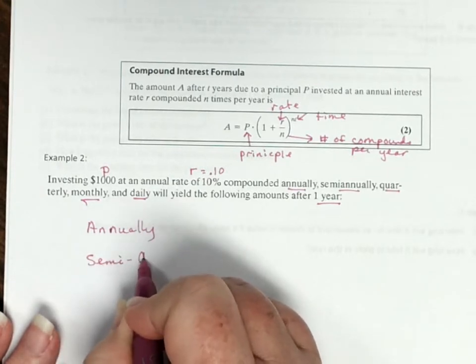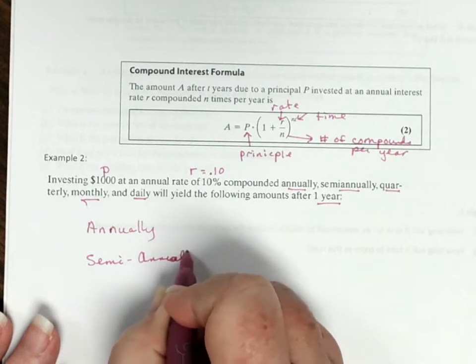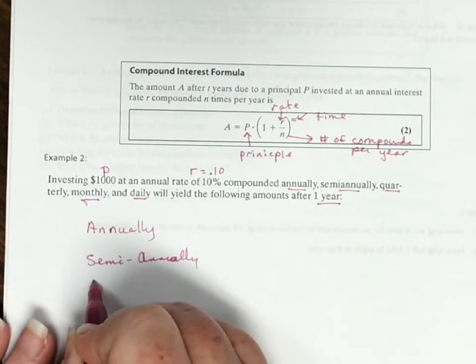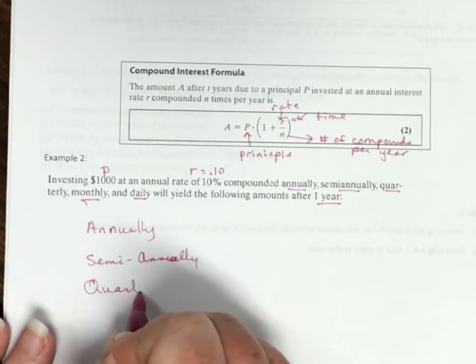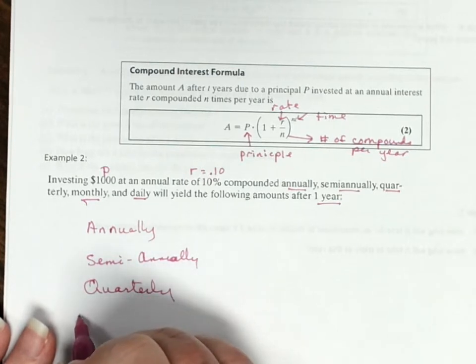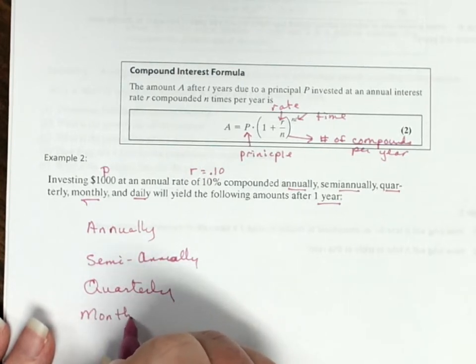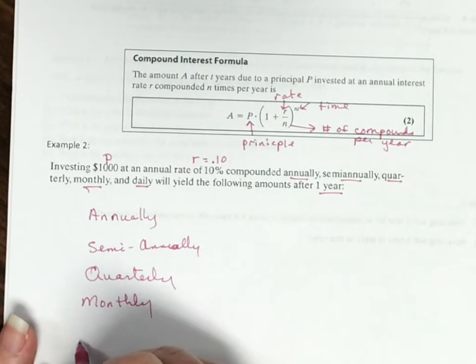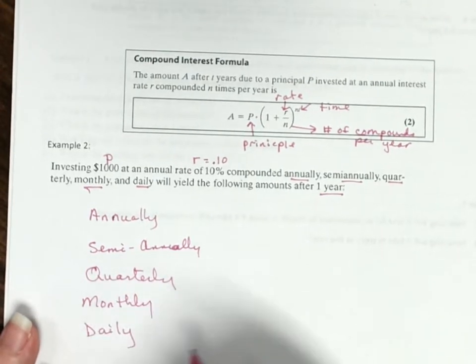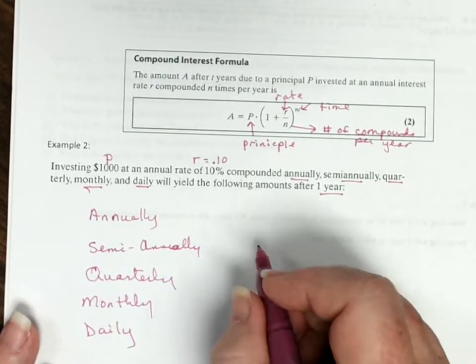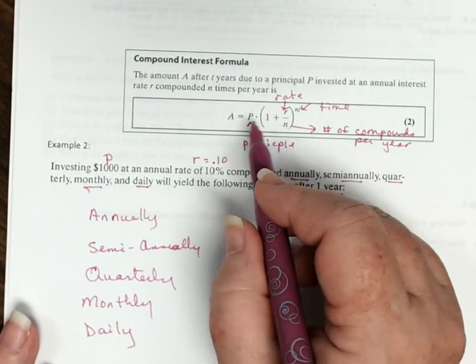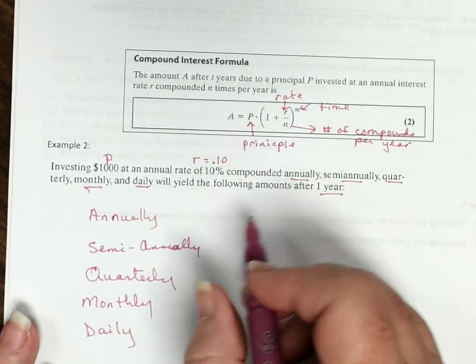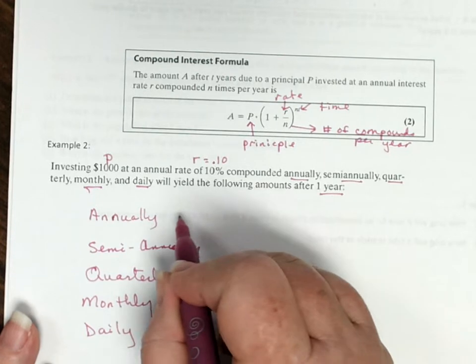That's twice a year. We're going to write one out for quarterly, one for monthly, and one for daily. Okay? And we're going to have 5 different equations going on. But luckily, we have this simple formula, so it's not too hard to write out.